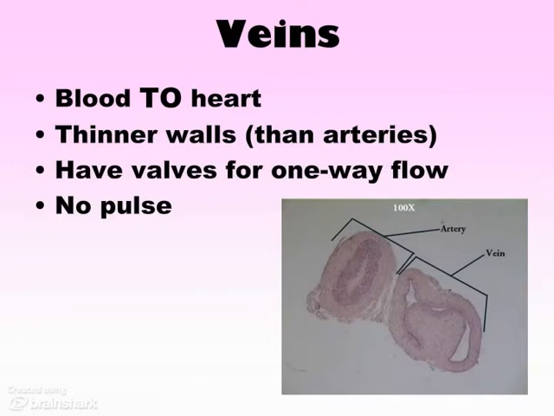If we look at this picture again, we can compare the artery to the vein and really see the difference between the thickness of the wall of the artery and the thinness of the wall of the vein. The strange looking structure, which looks almost like a piece of bread in cross section across the middle, is a valve.